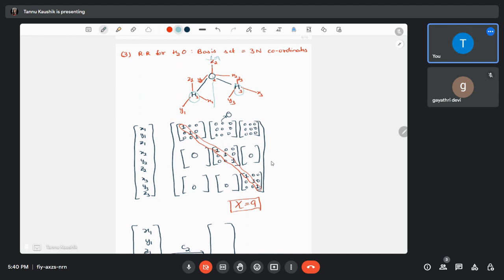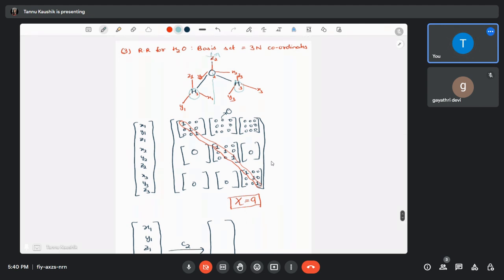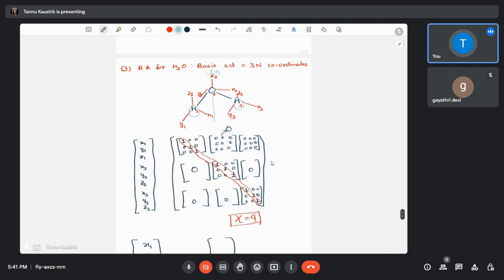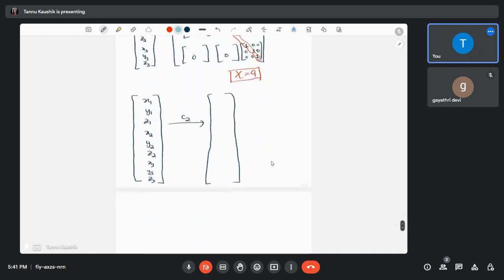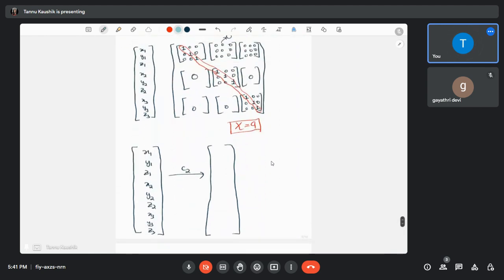That is, the positions of H1 and H3 are being exchanged. So in the place of z1, it will become z3. In place of y1, it will become y3, with opposite signs. And in the place of x1, it will become minus x3. In the coordinates of oxygen, x2 will become minus x2 and y2 will become minus y2, and this z2 will remain as it is.